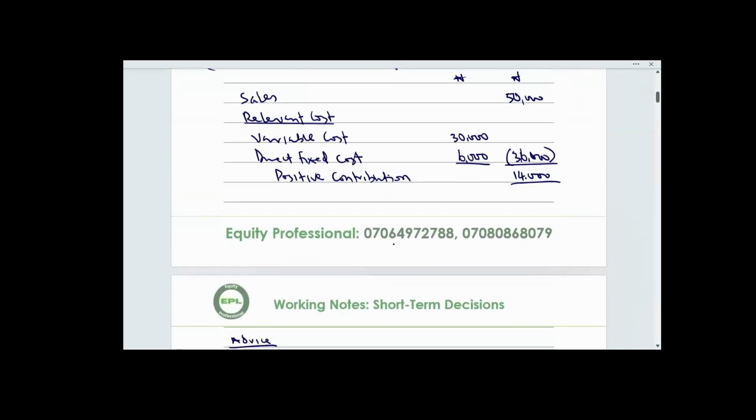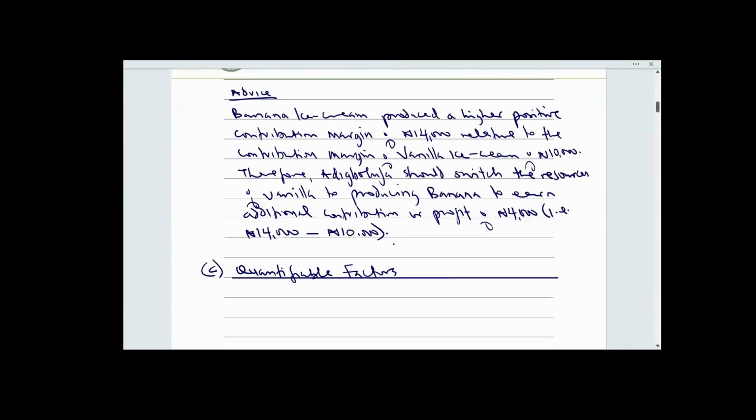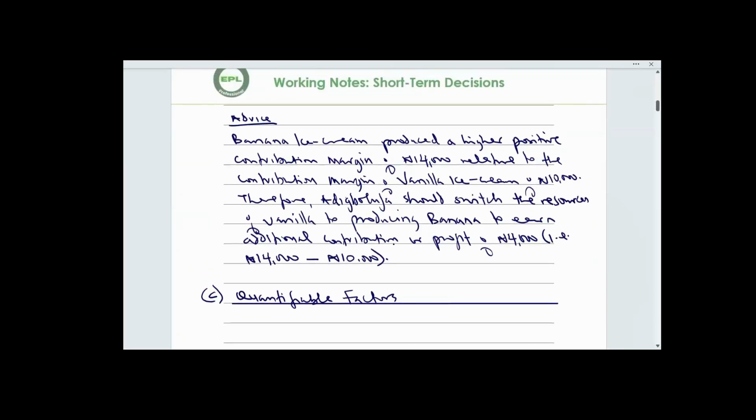Will it be good to also recap that the 3,000 deficit that we've seen in vanilla earlier will turn to positive, maybe a good profit of 1,000 naira? Is it good to add that point as well?